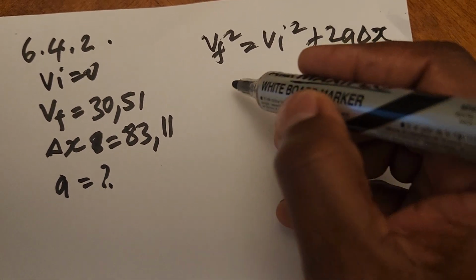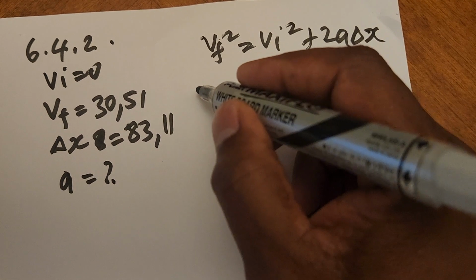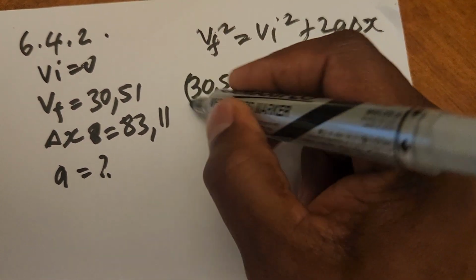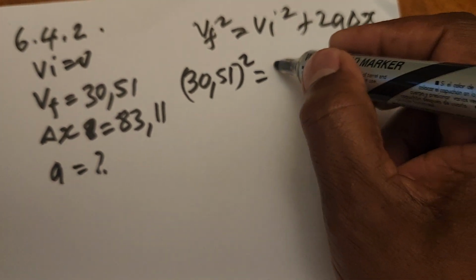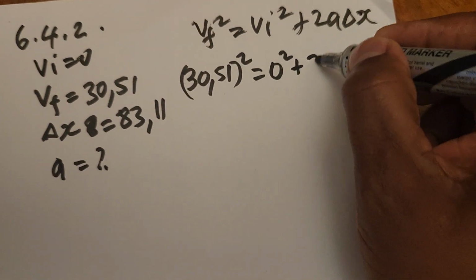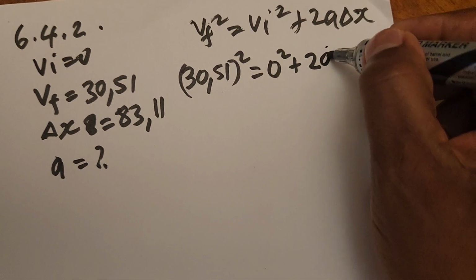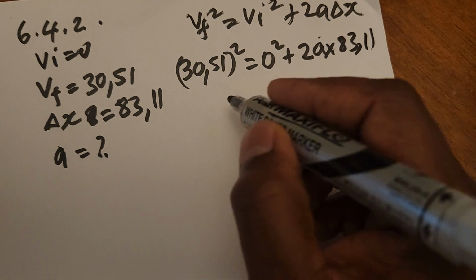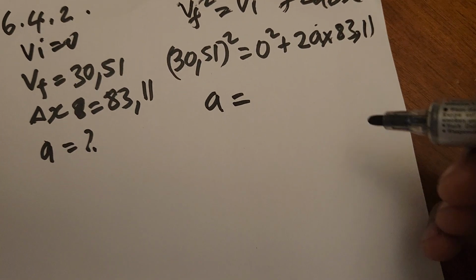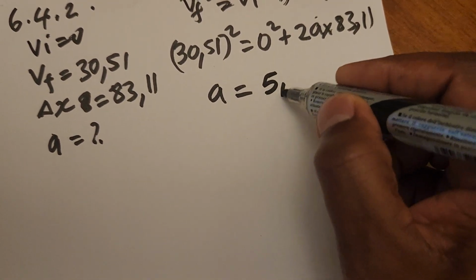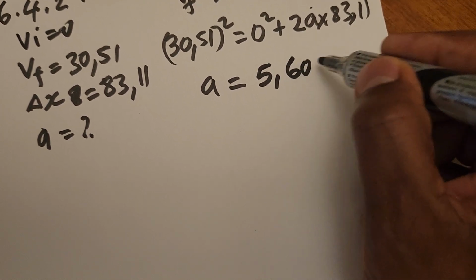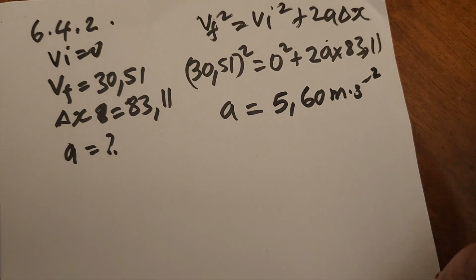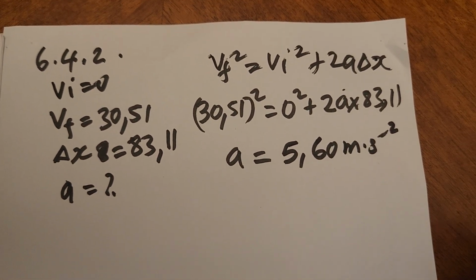Vf squared will be 30.51 squared equals 0 squared plus 2a multiplied by 83.11. If you use your calculator very well, then a will be 5.60 meters per second squared. That's the acceleration in this case.